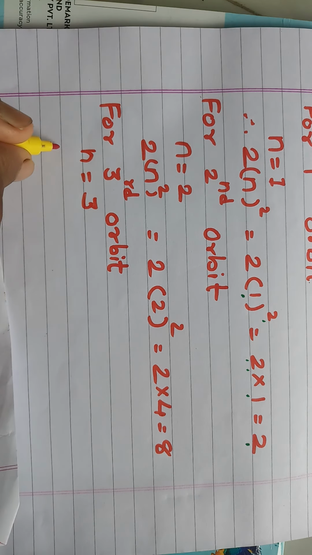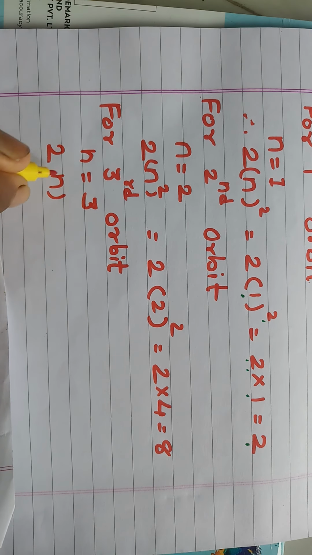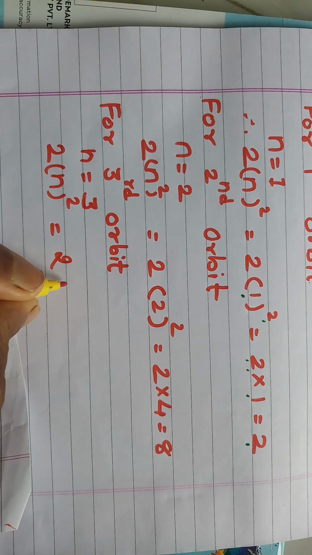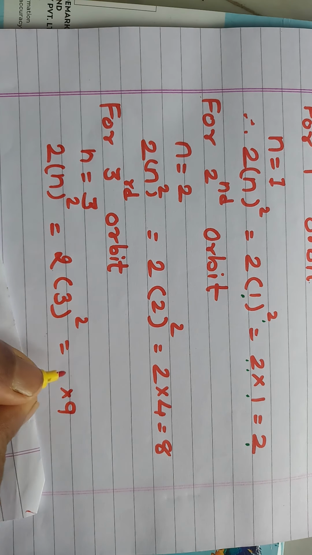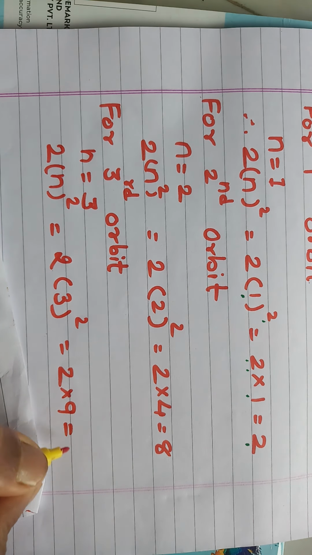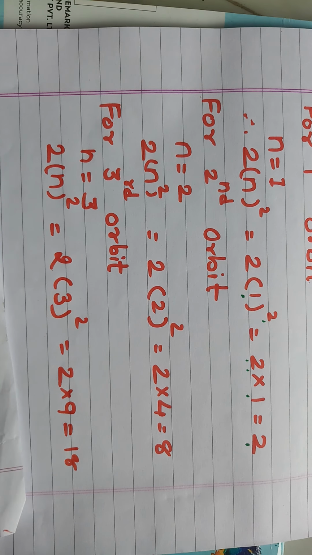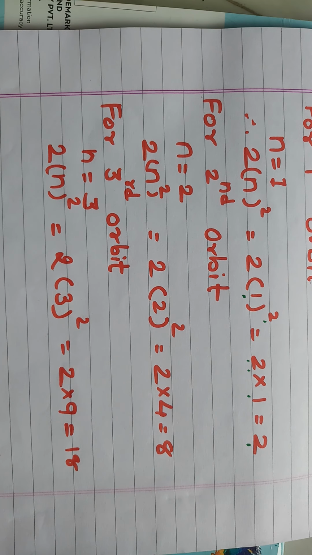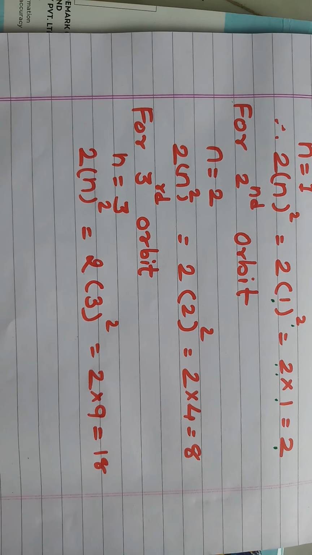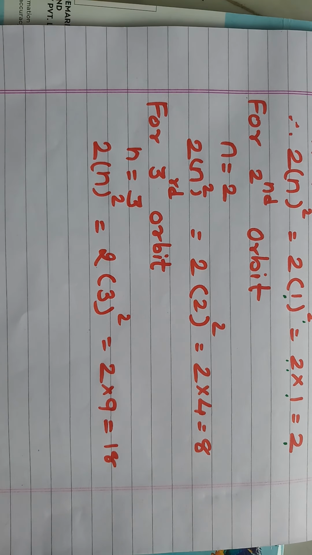The formula is 2n square, 2 into 3 square, 3 square is 9, into 2 is 18. So the maximum capacity of the third orbit is 18 electrons.